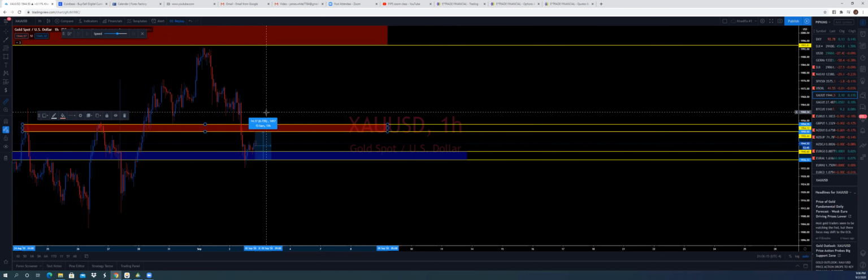Moving on to US30, Dow Jones Industrial Average. We got this liquidity grab that we was looking for.